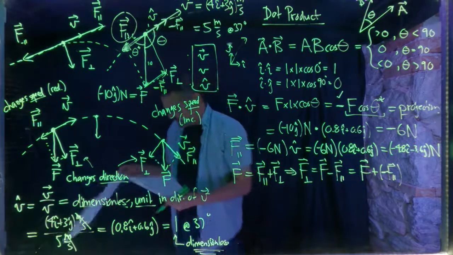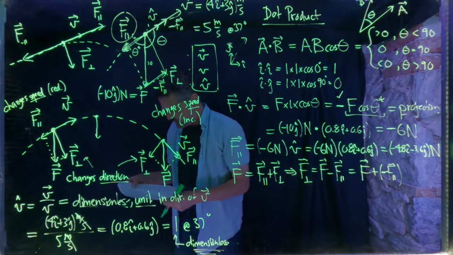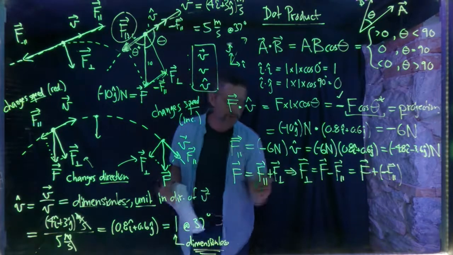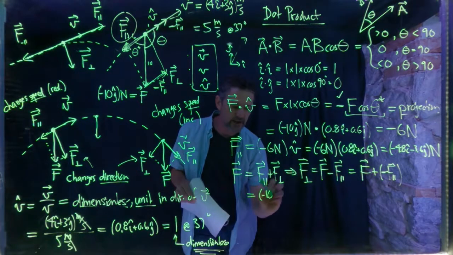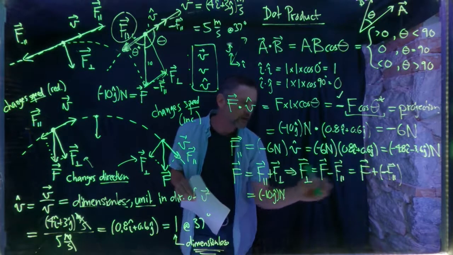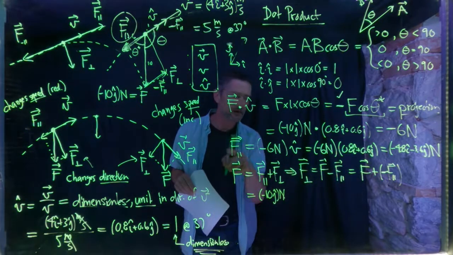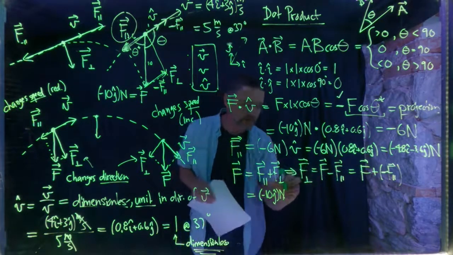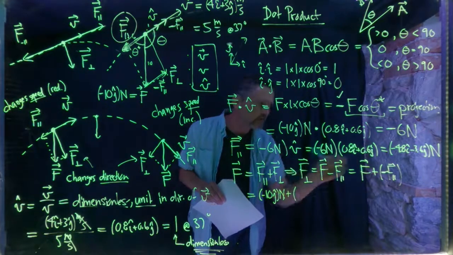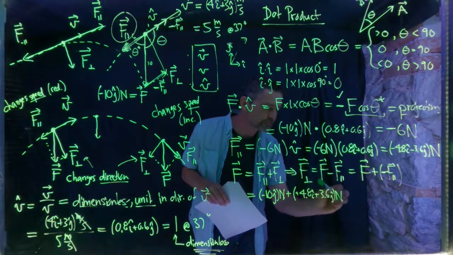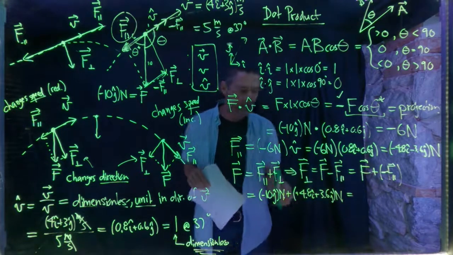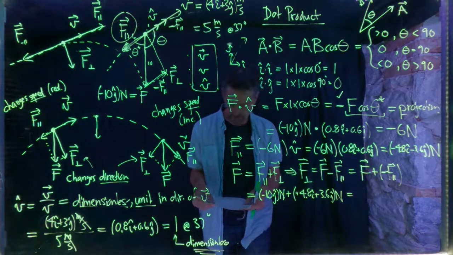Okay? And I suppose that we could just crank it out algebraically. So F was negative 10 j hat newtons, and then the negative of F parallel was this thing. So we add the negative of this, both of those negative signs become positive. So it's positive 4.8 i hat, positive 3.6 j hat, and this is also newtons.